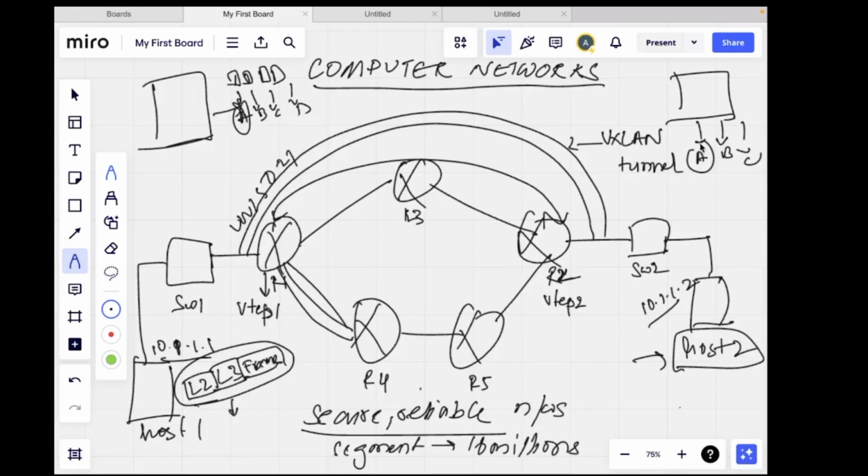A's traffic has to go to A only, B's traffic has to go to B only, C's traffic has to go to C only. Imagine it as a private network, a virtual private network, VPNs, right? So VxLAN helps you to be able to communicate over the internet, and that too in the same network.